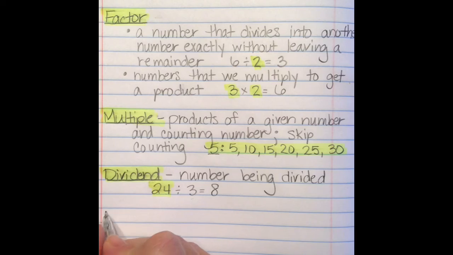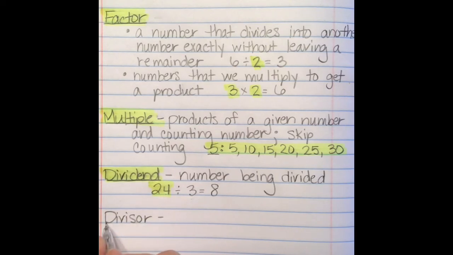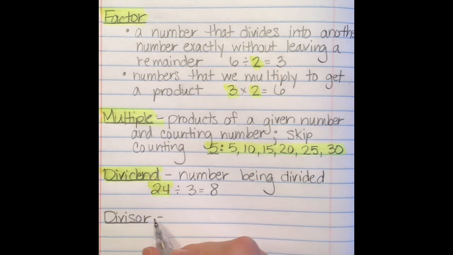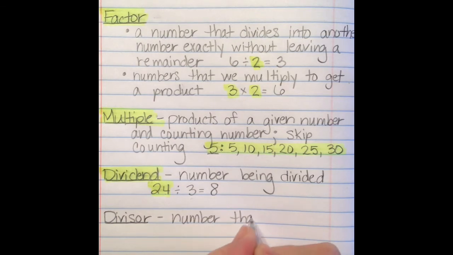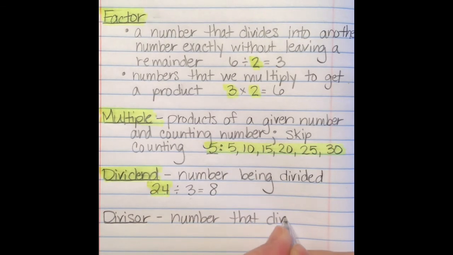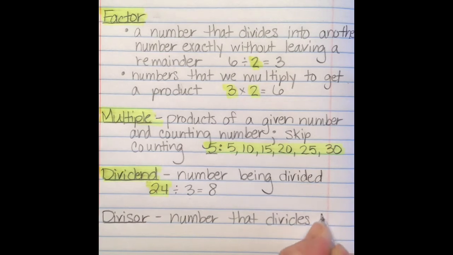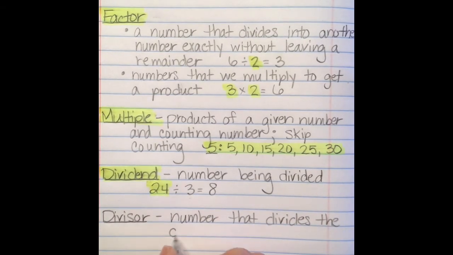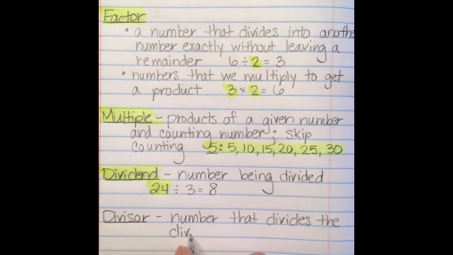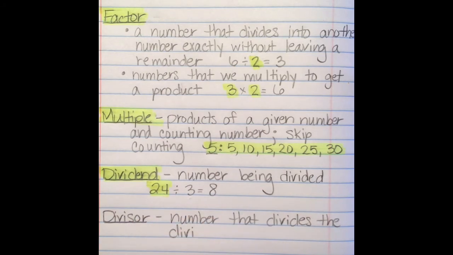Then we have another number which is known as the divisor. So the divisor is the number that divides the dividend. So, can anybody think of, so again, pause it maybe here. Can you think of which number up above would be the divisor?